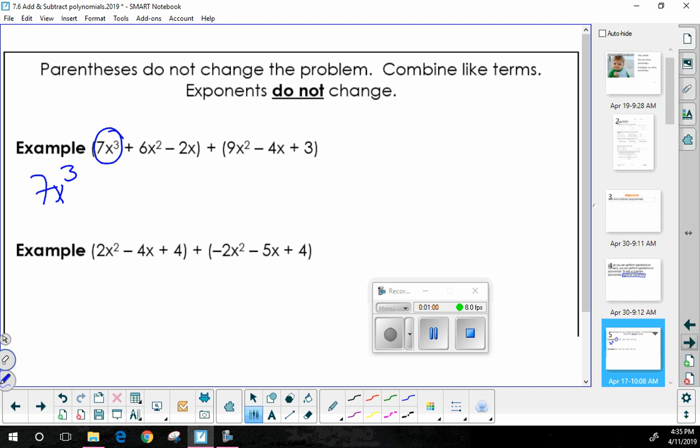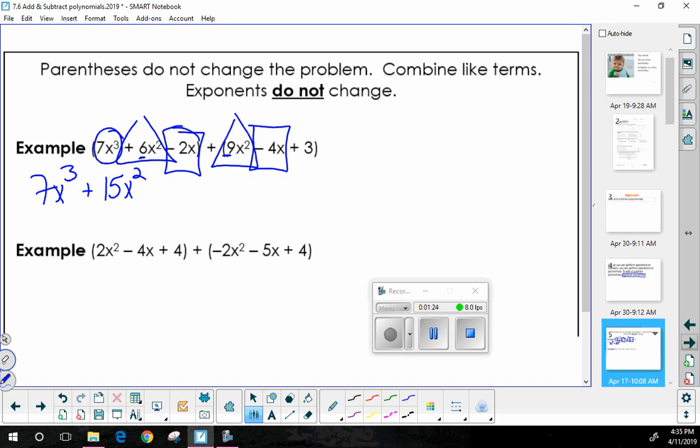And so now I'm going to look for all the x squared. Oh, there's an x squared. So 7x cubed, and I don't see any other x cubed. So 6x squared plus 9x squared is 15x squared. Now I see here is negative 2x, and here is a 4x.